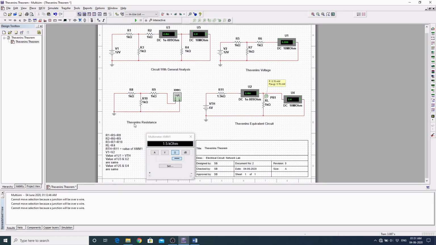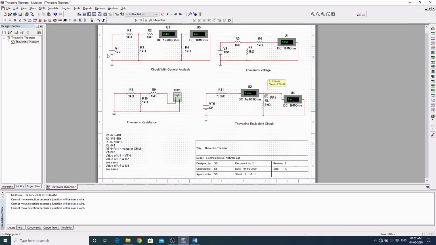After that, to find the equivalent resistance of this circuit, we have to replace the sources with their internal impedance. Here the voltage source is available, so its internal impedance is 0, and I have just short circuited it here.